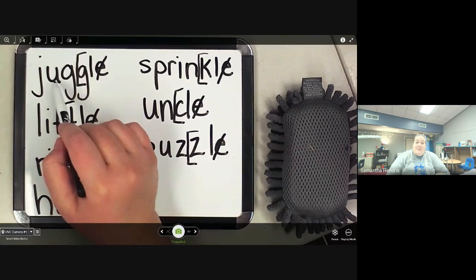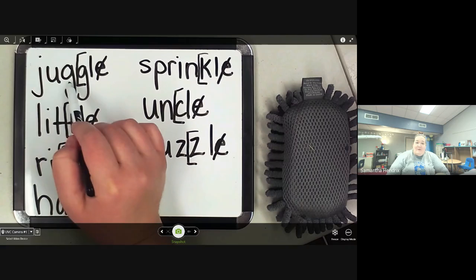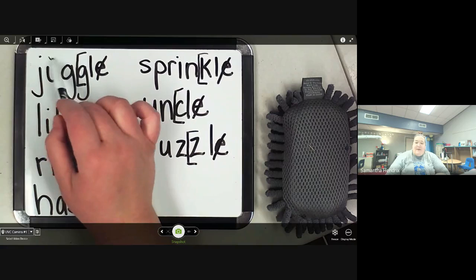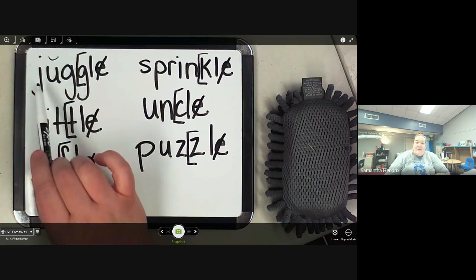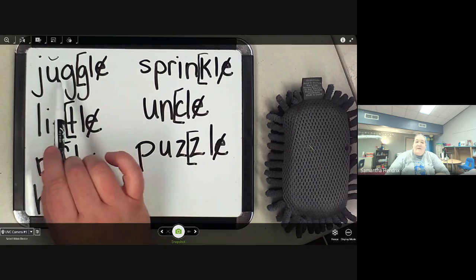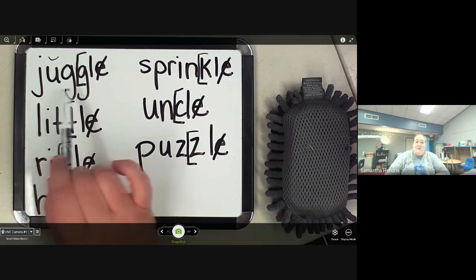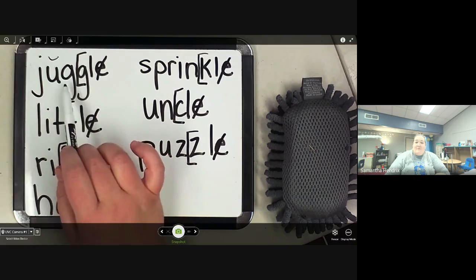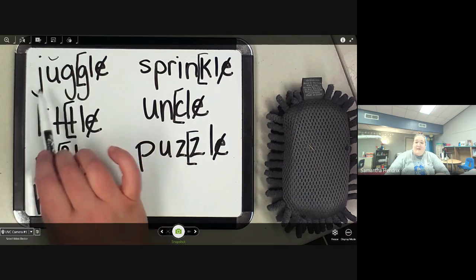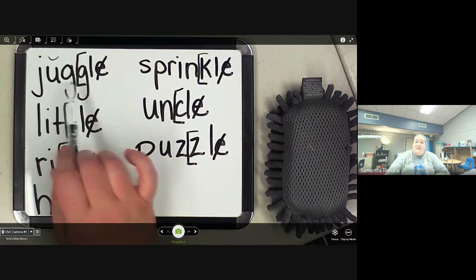So this U in this first syllable is followed by a consonant, so it gets abbreviated, so it's short. So let's pronounce this word. Juggle. Okay? Remember when we do double syllables, we only say it once.